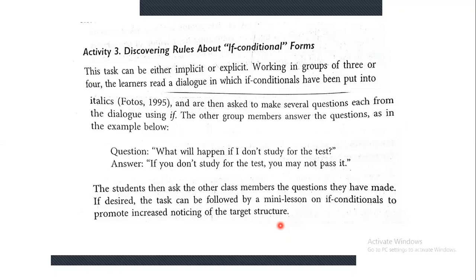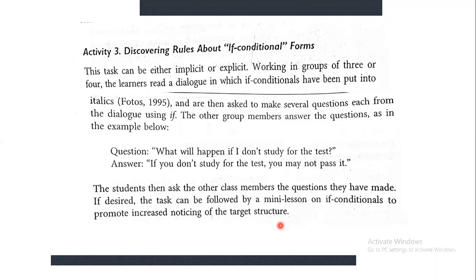Activity number 3, discovering rule about if conditional forms. This can be either implicit or explicit, working in groups of 3 or 4.